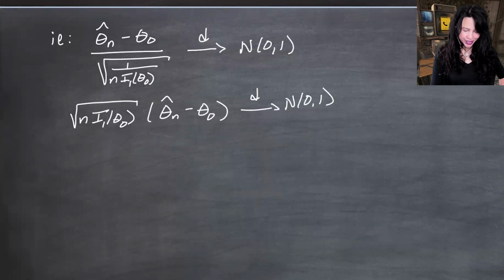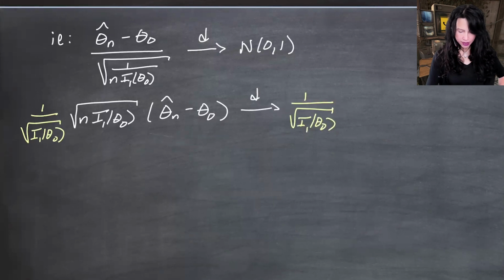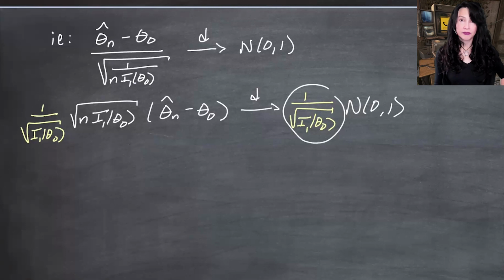If you imagine multiplying by 1 over the square root of this Fisher information on both sides, normal 0, 1. This is some constant, right? We've taken derivatives, we've taken expectations, and we've plugged in theta naught for theta in the end. So it's a constant, right?